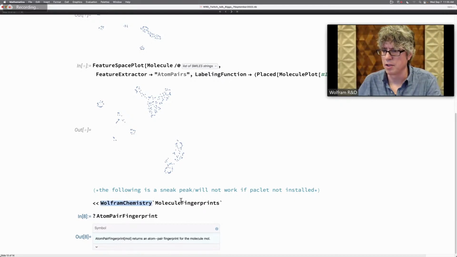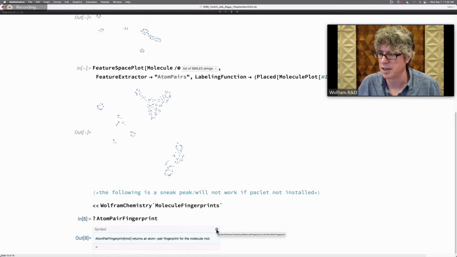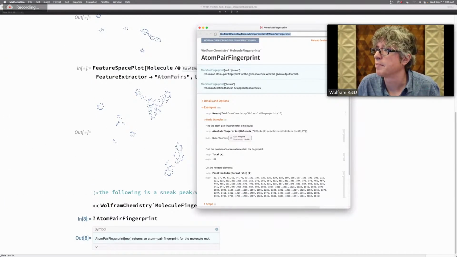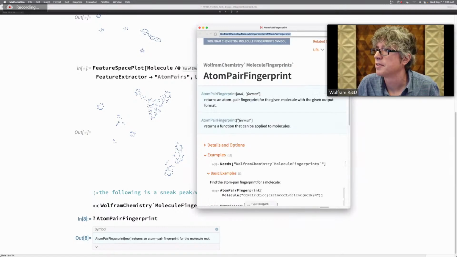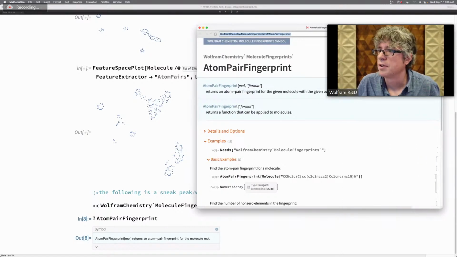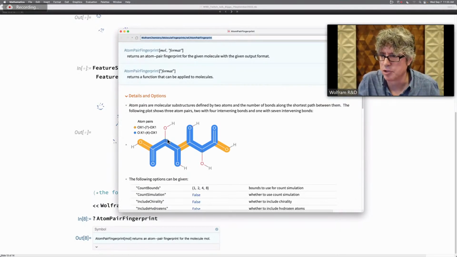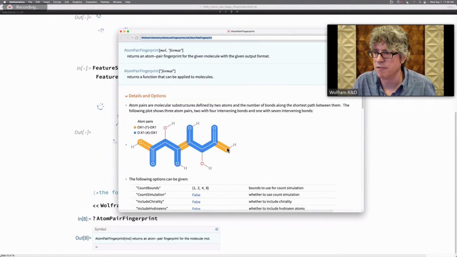So the package is called MoleculeFingerprints, and it has functions for generating individual fingerprints. For example, let's look here at the atom pair fingerprint. The way an atom pair works, it's a substructure defined by 2 atoms and the number of bonds in between them, along the shortest path.